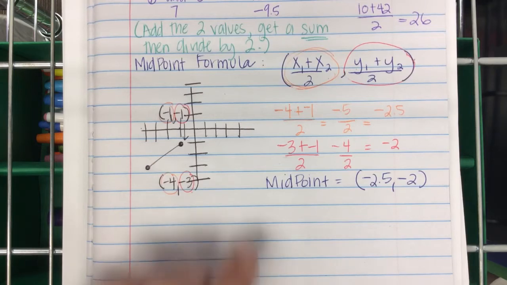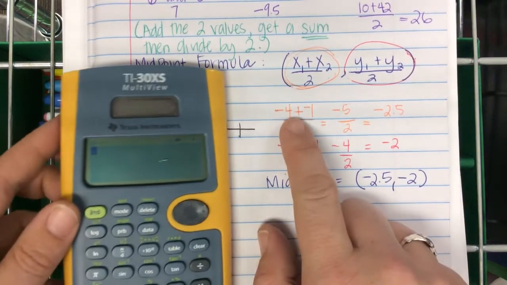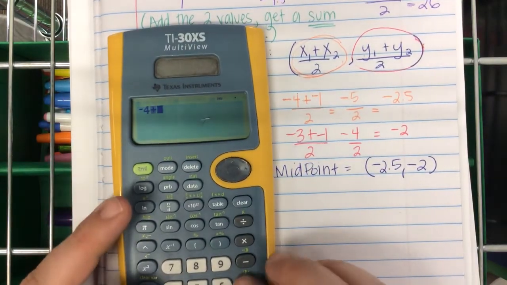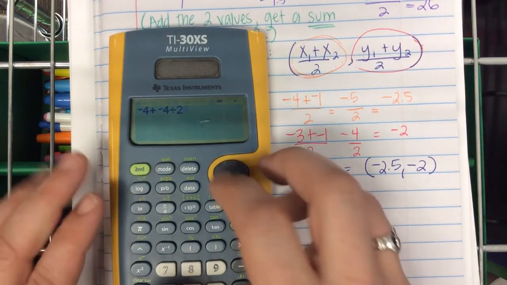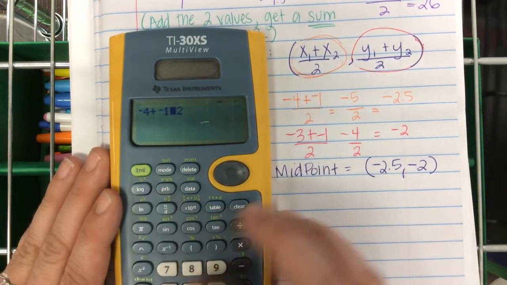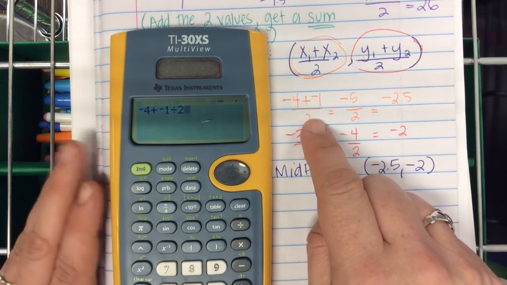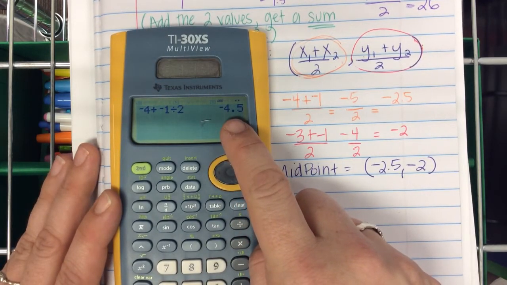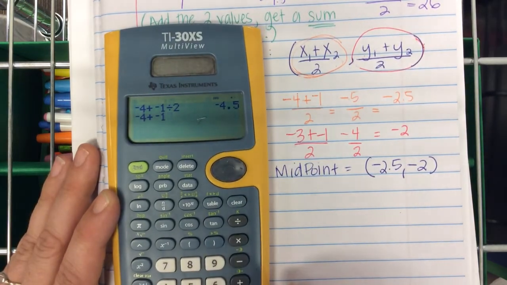But I'm telling you guys right here, right now, you have to get your sum first. Because if you do negative 4 plus negative 1 divided by 2 in your calculator, you're not going to get the right answer. You have to do negative 4 plus negative 1, get an answer, then divide by 2.